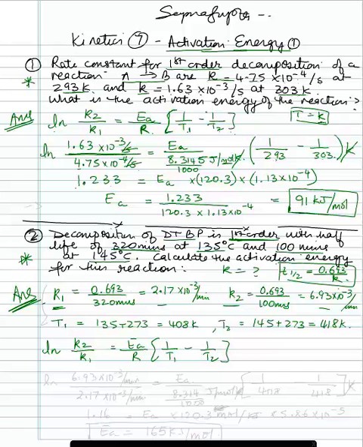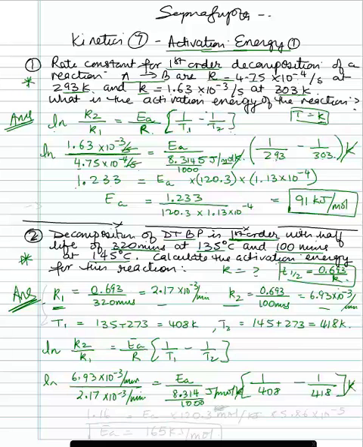So the natural log of 6.93 times 10 to the negative 3 per minute divided by 2.17 times 10 to the negative 3 per minute is equal to EA, which we don't know, over 8.314 joules per mole, again divided by 1,000 to make sure that we get into kilojoules, times 1 over 408 minus 1 over 418. That's Kelvin, and our Kelvin is going to cross out over here.